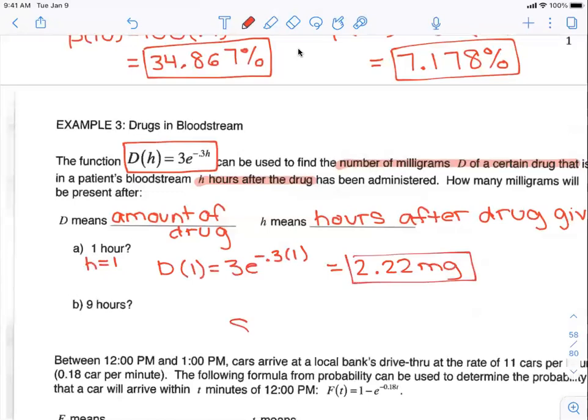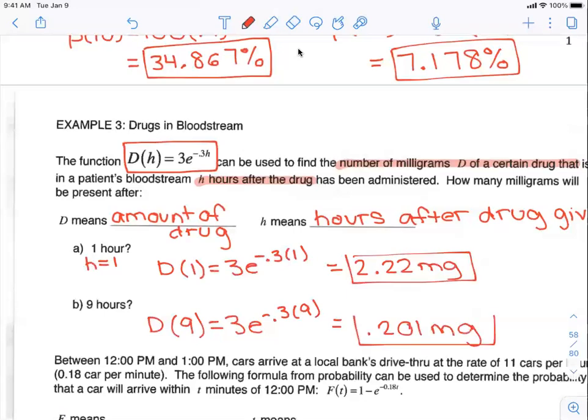Done. All right, go ahead and do part B. So part B is the same idea. We're going to go ahead and plug 9 now instead of 1 into your calculator, and you should get about 0.201 milligrams. Done.